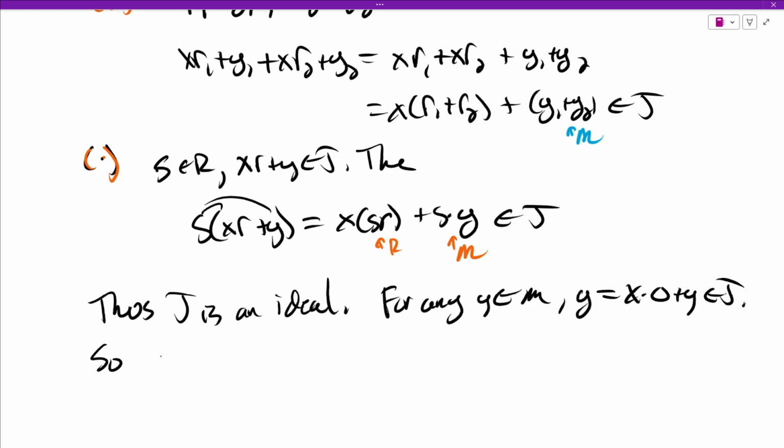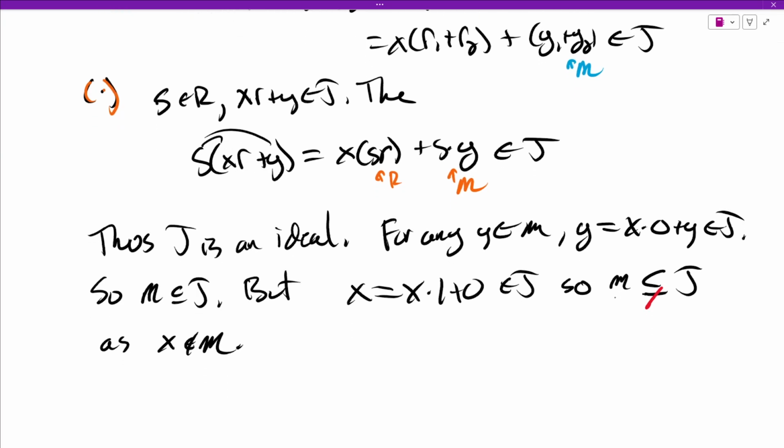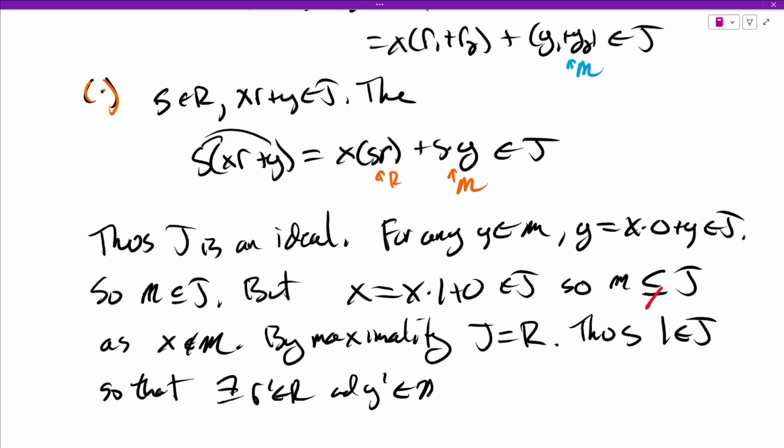That's in J. So M is a subset of J, but X, which is X times 1 plus 0, is also in J. So M is not equal to J because X is not in M. Okay, so M is properly contained in J. By maximality, J must be equal to all of R. Thus, 1, which is an element of R, the multiplicative identity, is in J, so there exist some r prime in R and y prime in M with 1 equals X r prime plus y prime.